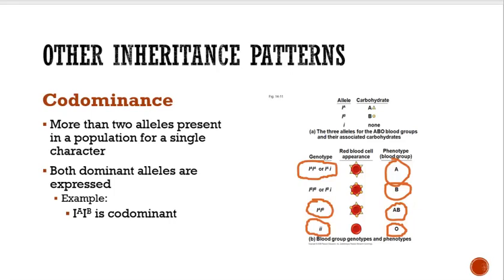They could be homozygous dominant, or they could be heterozygous, where they have the recessive i for producing no factor at all. Same thing with B. You could be homozygous for the B factor, or you could be heterozygous and have the recessive i. So codominance refers to the fact that if you are AB, you're producing both A factor and B factor.